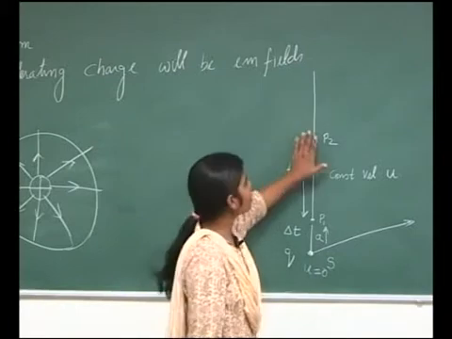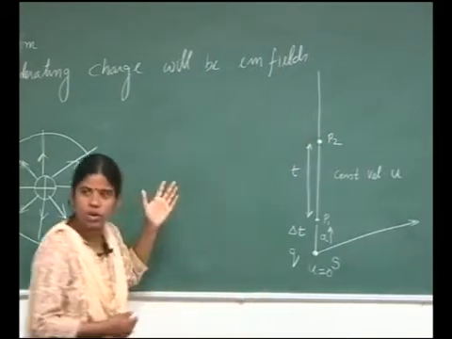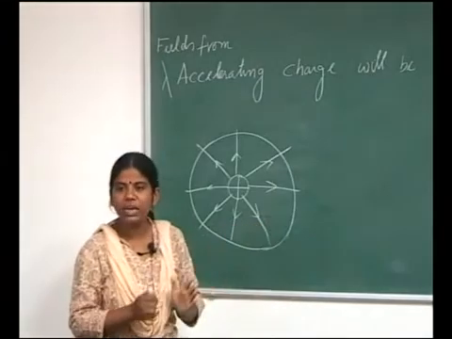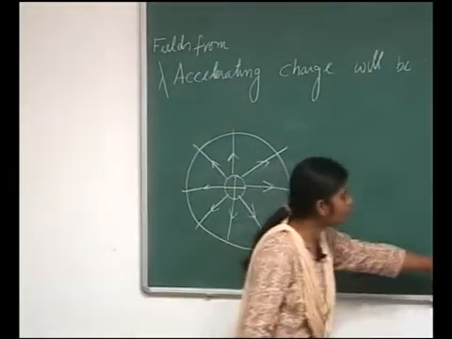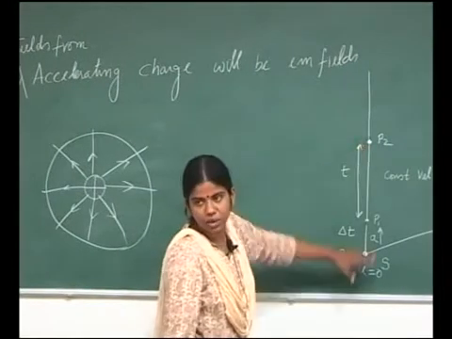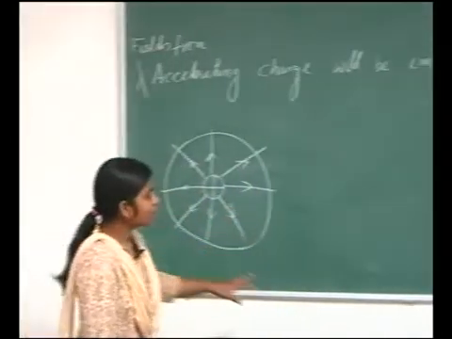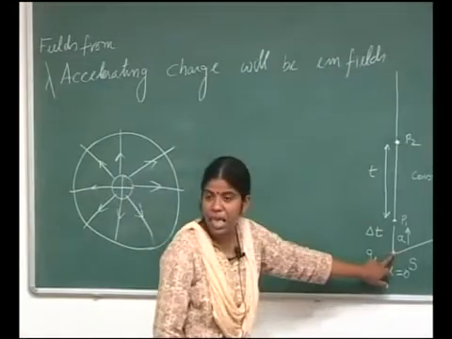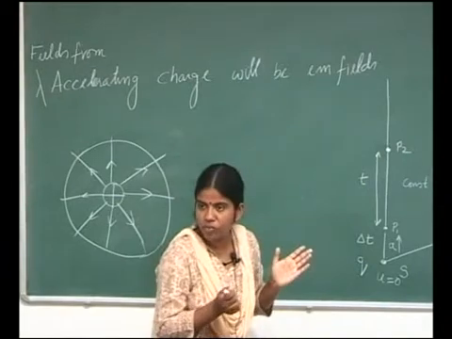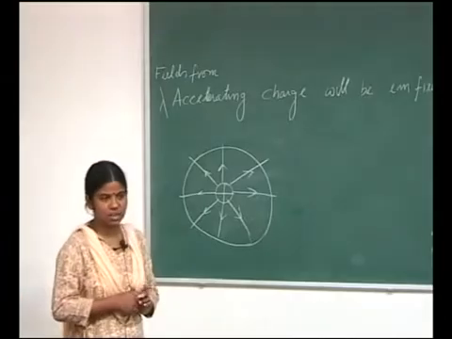I do not know what is going to happen after t, so my system ceases at time t. I am not bothered what is going to happen after that. I am only concerned with what is happening from 0 to t plus delta t. So, I can easily say that this charge will have a sphere around it of radius r equal to c into t plus delta t. Is it clear?